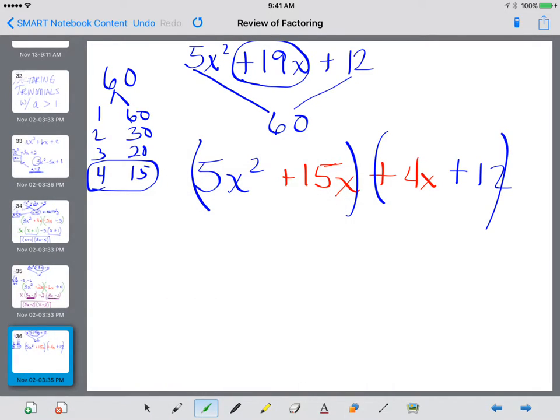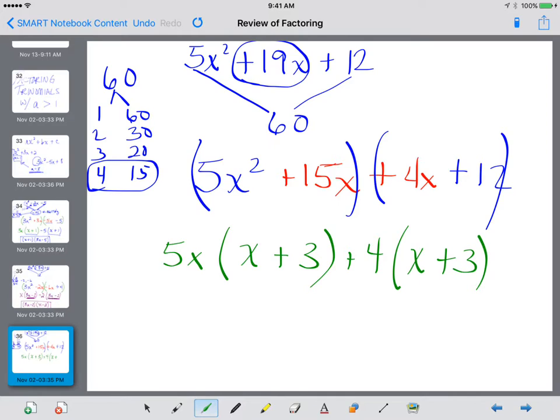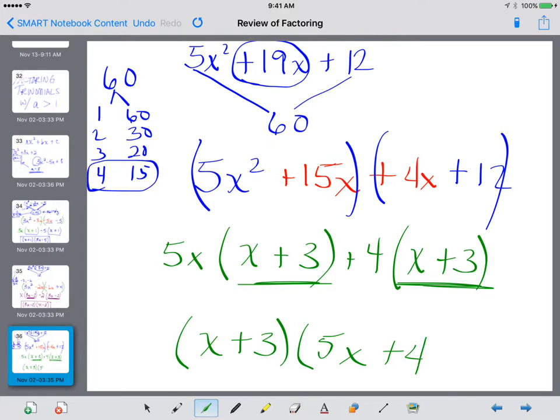So 5x squared plus 15x, I factor that as 5x, which means I'm left with x plus 3. 4x plus 12, I can factor out a positive 4, and I'm left with x plus 3. That's our goal. We need x plus 3 and x plus 3 to match. So my final answer would be x plus 3 times 5x plus 4.